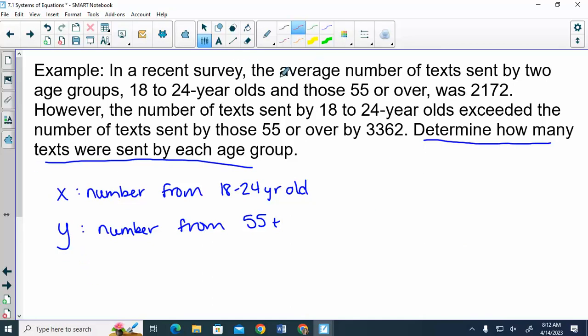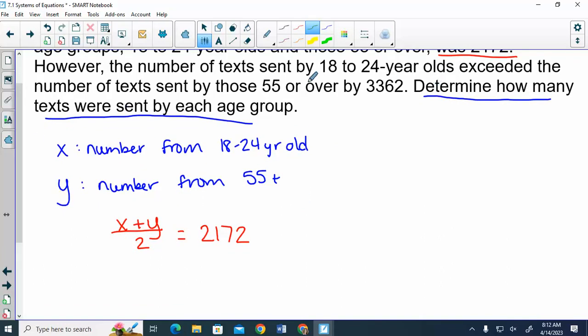So it says the average. How do you find an average? Okay. So in this case, there are two age groups. So I would add them together and divide by 2. And that equals 2,172. So there's my first equation.